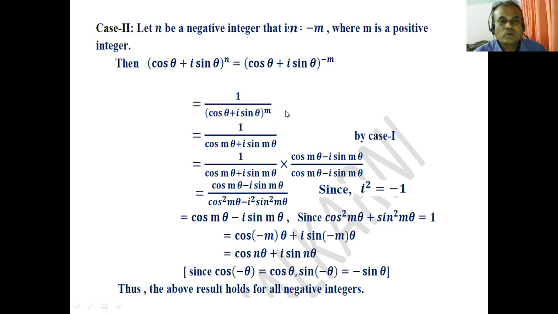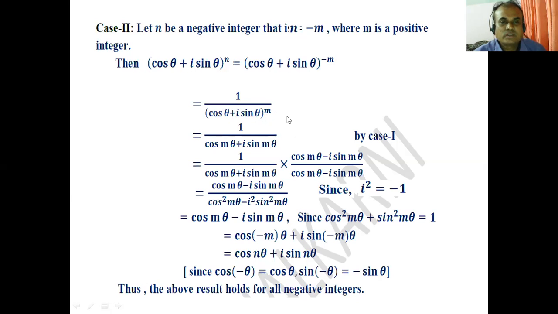We know that in case first, for the positive integer, the theorem is valid, and therefore we use the theorem from case first.